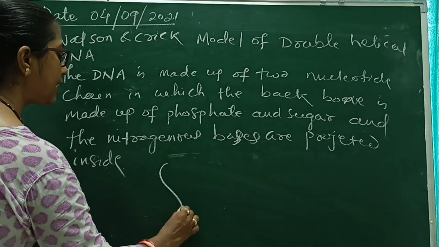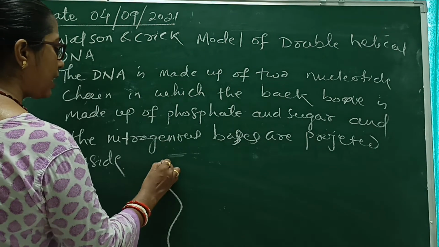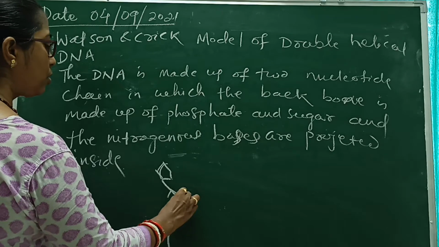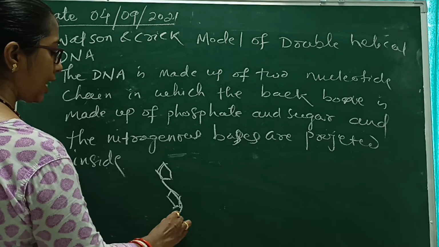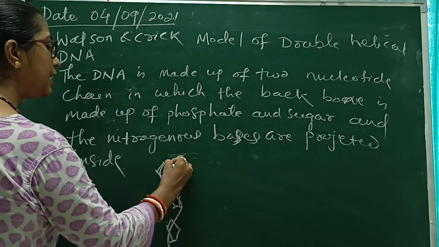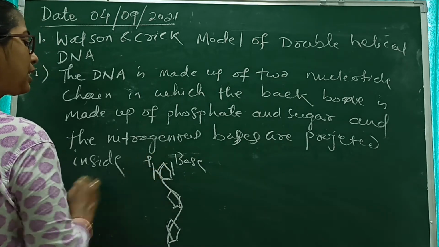Suppose this is a DNA strand, and in the DNA strand, as I have said, it is a polynucleotide chain. So this is the structure of a nucleotide, which are arranged like this in a polynucleotide chain, and this side the base is present and this side phosphate is present.